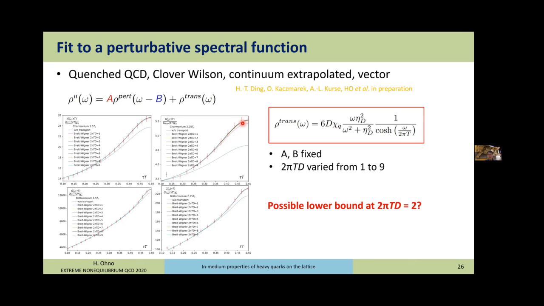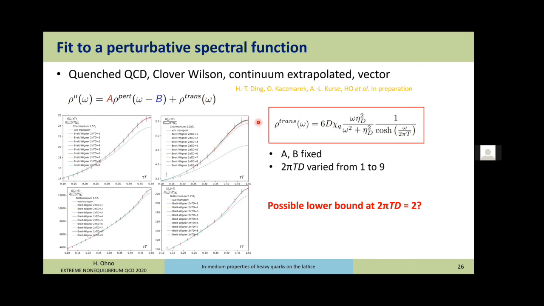So maybe this is just coming from our poor data quality. But the errors are already within 10%, right? Yes, you see, the errors are already within 10%.